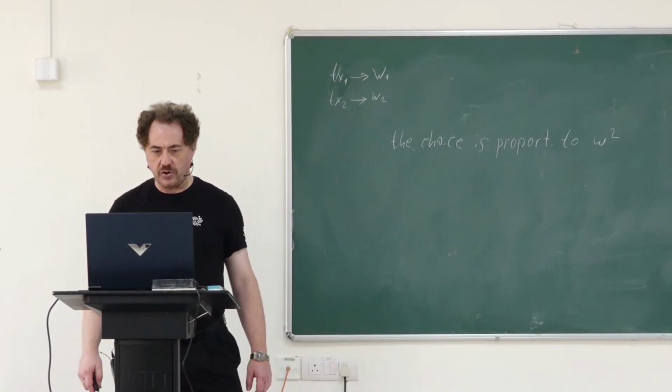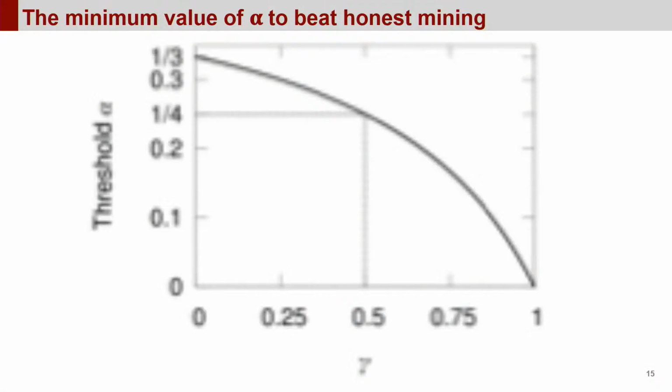We have another related plot. It's the minimum value of alpha to beat honest mining, right? It shows the dependency on gamma, so here are different values of gamma. And here's the threshold alpha, which is the minimum value of alpha to beat honest mining.